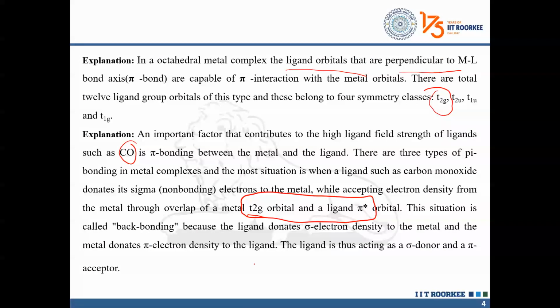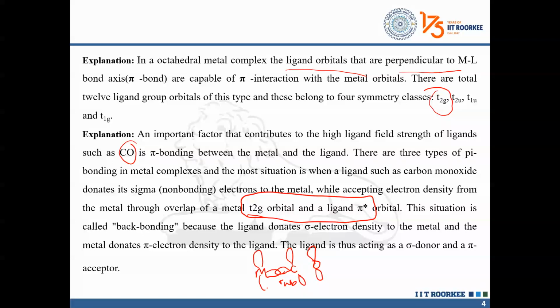If I talk about this ligand, whenever I discuss the MO diagram for this carbonyl, these are the p orbitals.